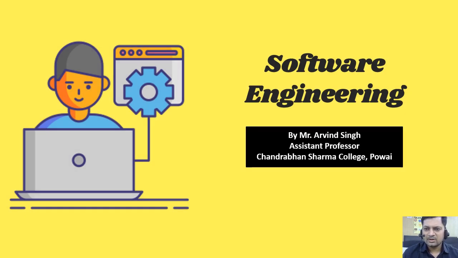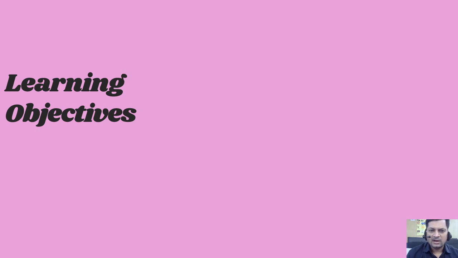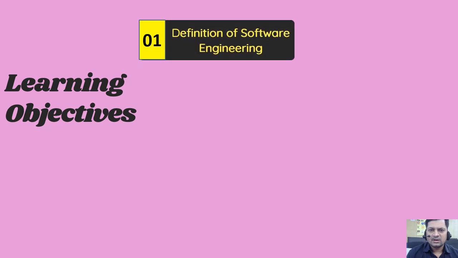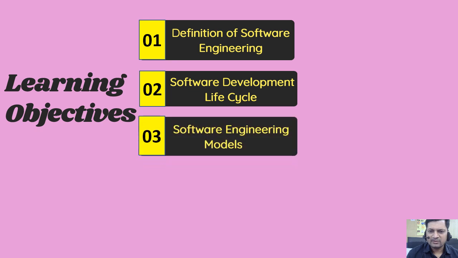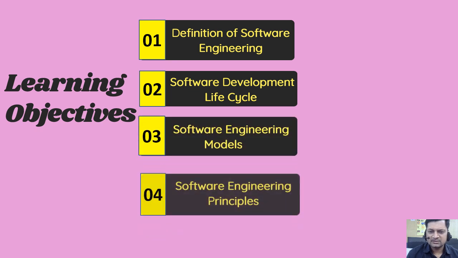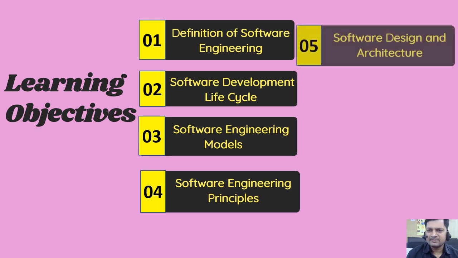I'm going to give the introduction about software engineering in this video. So, the learning objective of this video is definition of software engineering, software development lifecycle, software engineering models, what are the different software engineering principles.